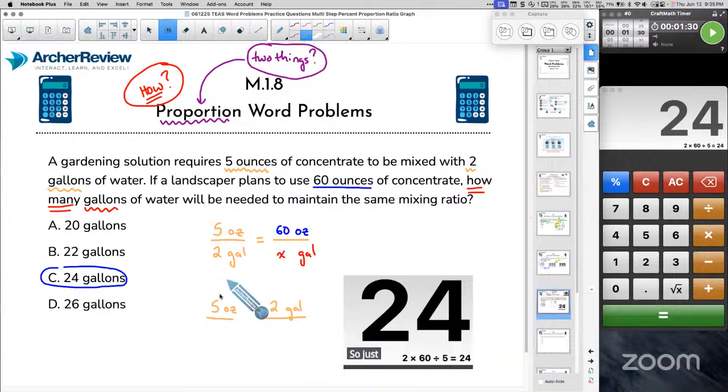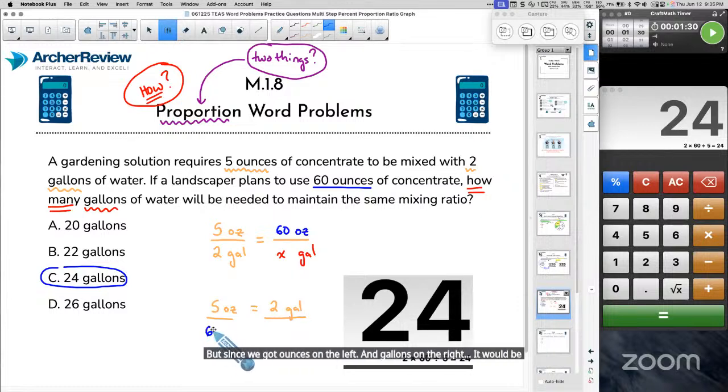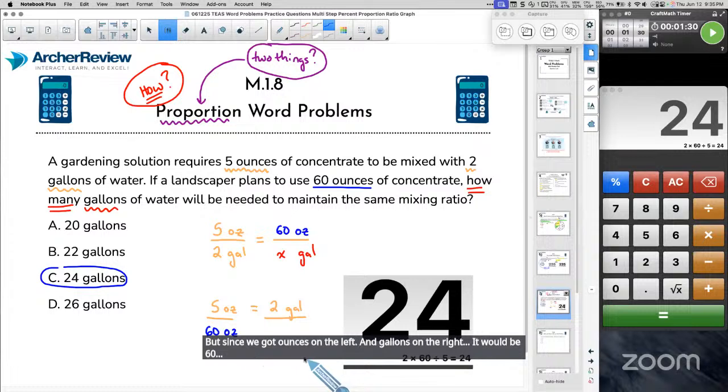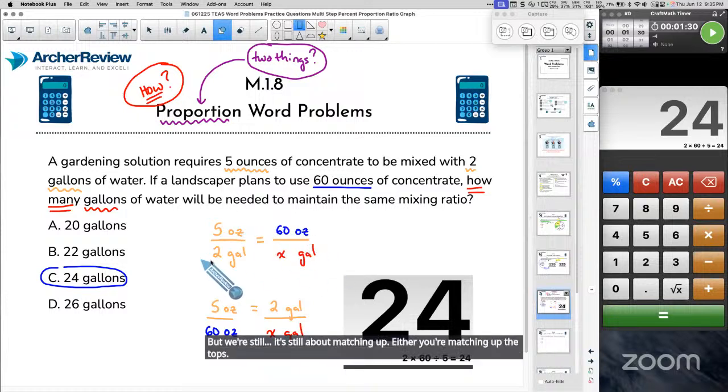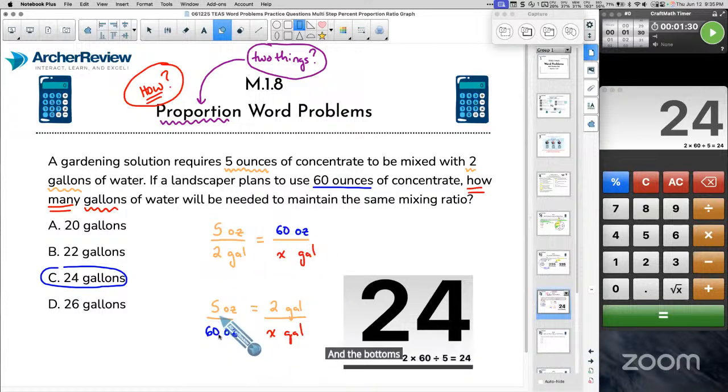So if you choose to set it up like this, absolutely nothing wrong with this. But since we have ounces on the left and gallons on the right, it would be 60 ounces on there, and then we would try to figure out how many gallons. So yes, it looks a little bit different, but it's still about matching up. Either you're matching up the tops and the bottoms, or you're matching up the lefts and the rights.